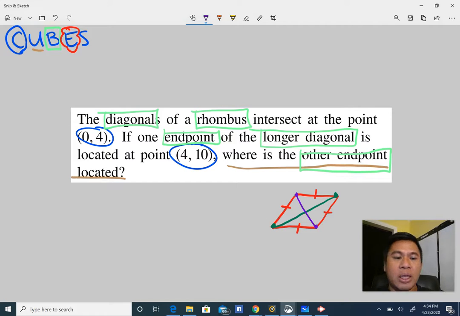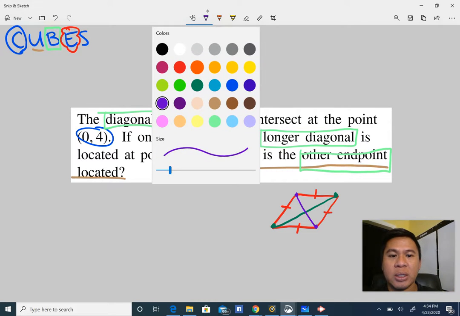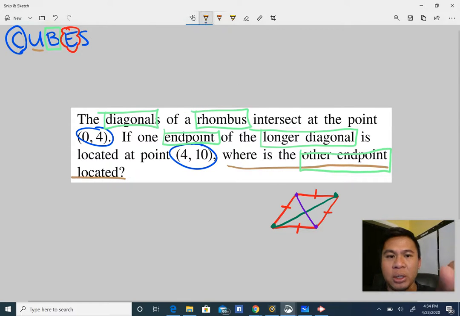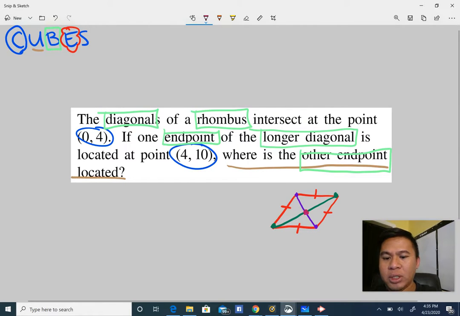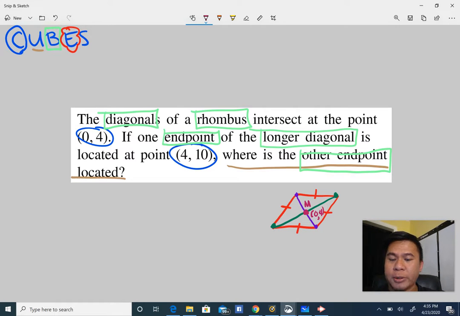With that being said, it says the diagonals of a rhombus intersect at the point 0,4. So therefore, in this case, the 0,4 is on this in here. That will be my point 0,4. And let me call it M, or the midpoint. Now, one of the endpoints of the longer diagonal is at 4, 10.